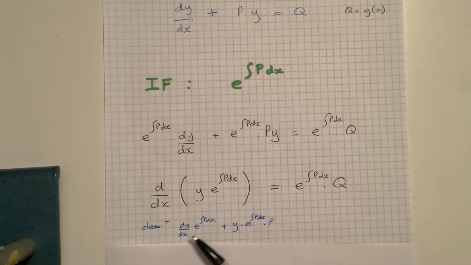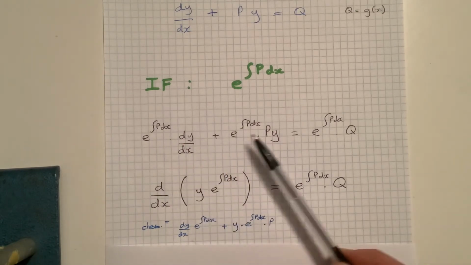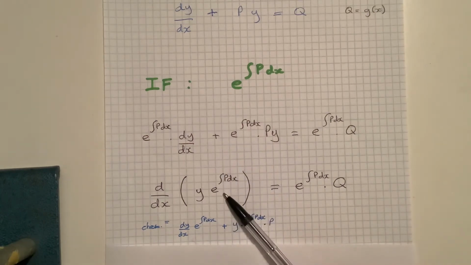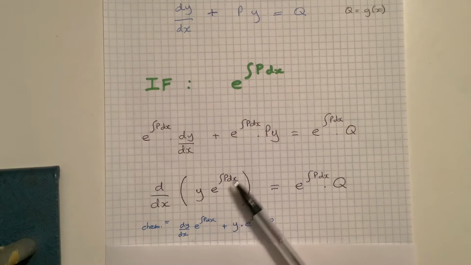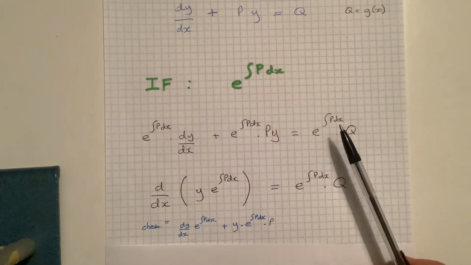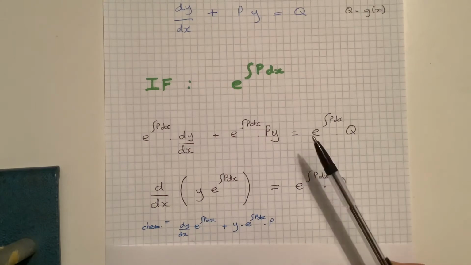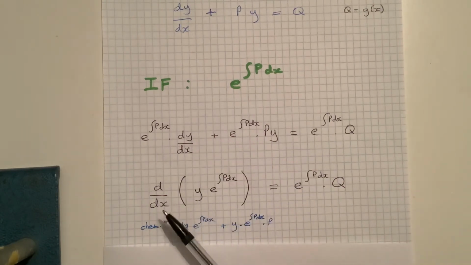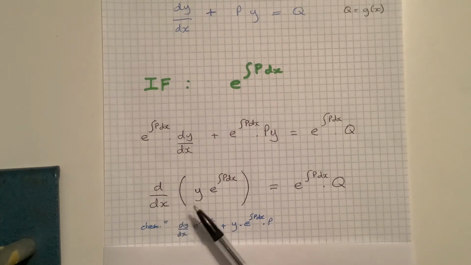And hopefully you can see now that this is the same thing as this, which means that we can rewrite this like this. So once you have multiplied through by the integrating factor, you will always then be able to rewrite the left-hand side as the derivative of y times the integrating factor.